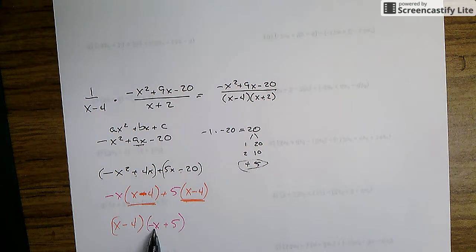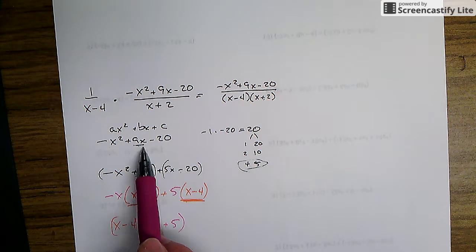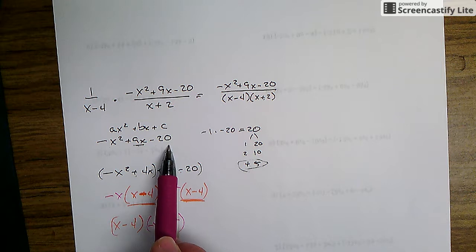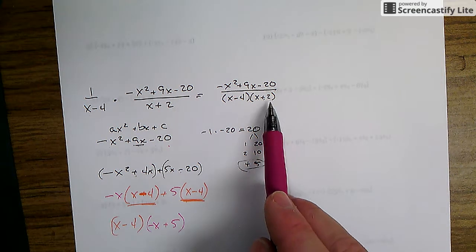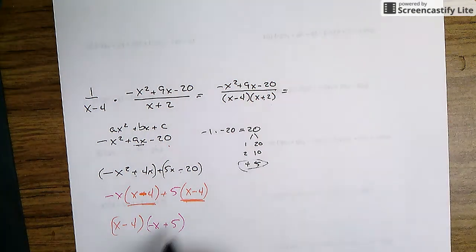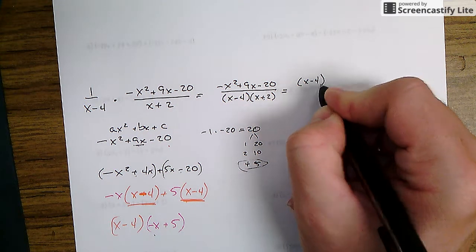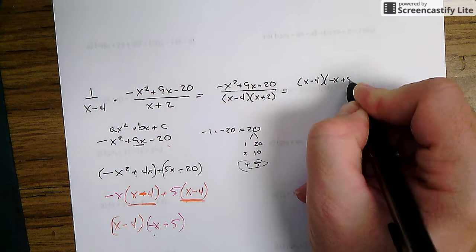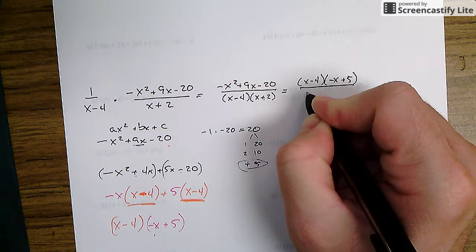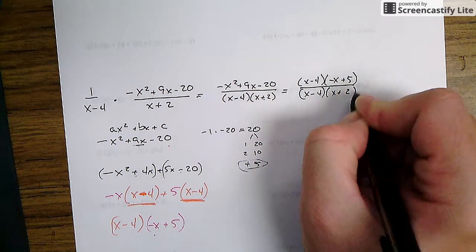So x minus 4 and negative x plus 5 are my two linear factors of negative x squared plus 9x minus 20. So going back to our function here, let's rewrite this using these two factors. So x minus 4, negative x plus 5 over x minus 4, x plus 2.